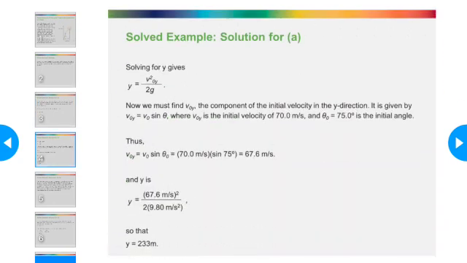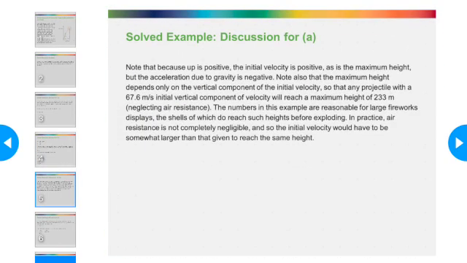They solve it for y, and they find v naught y is equal to v naught times sine of theta naught, so 70 times sine of 75. It gets them 67.6 meters per second velocity. So that is the initial velocity. We plug that in, we square it, divide by 2 times 9.8, and we get that the height is 233 meters. And now that we know that, we can find the next portion.